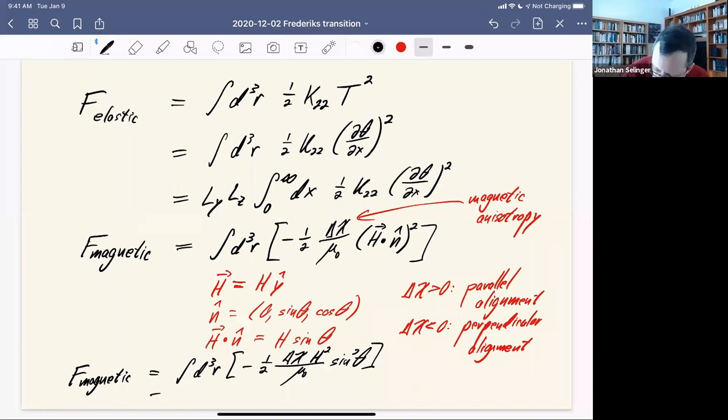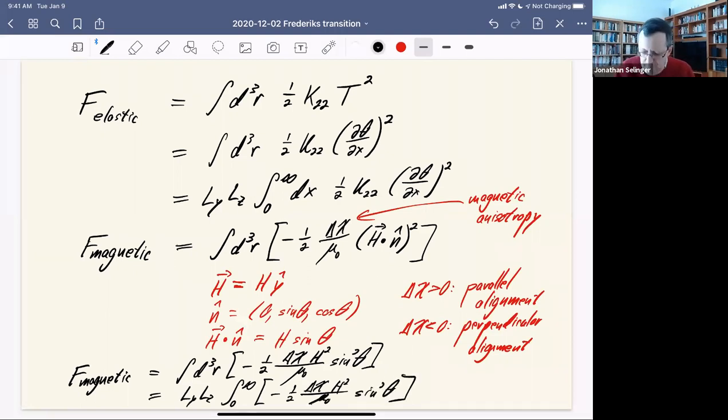And this integral, we could even say, well, nothing depends on y or z, so we'll just factor out those lengths. Then we have an integral from 0 to infinity of minus a half delta chi h squared over mu naught sine squared theta. So now we have two terms in the free energy.